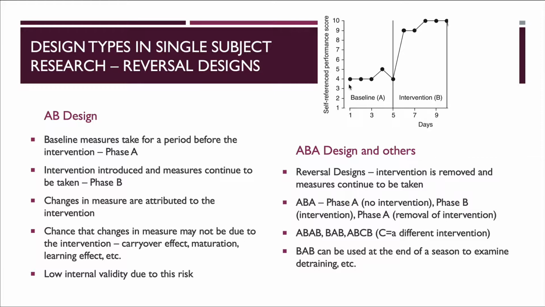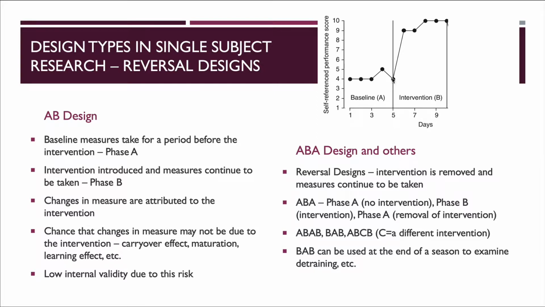That's the A part. Then an intervention is introduced and the measure continues to be taken. In a lot of these studies, they measure various things. They don't just take one dependent measure. They have several dependent variables. But again, this would be an example of one. What we see here is that the person performs around 4 or 5 at the baseline.